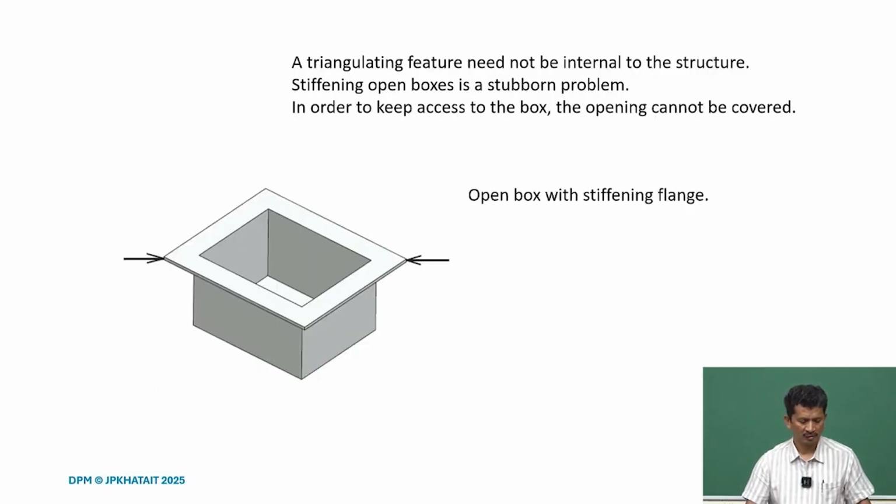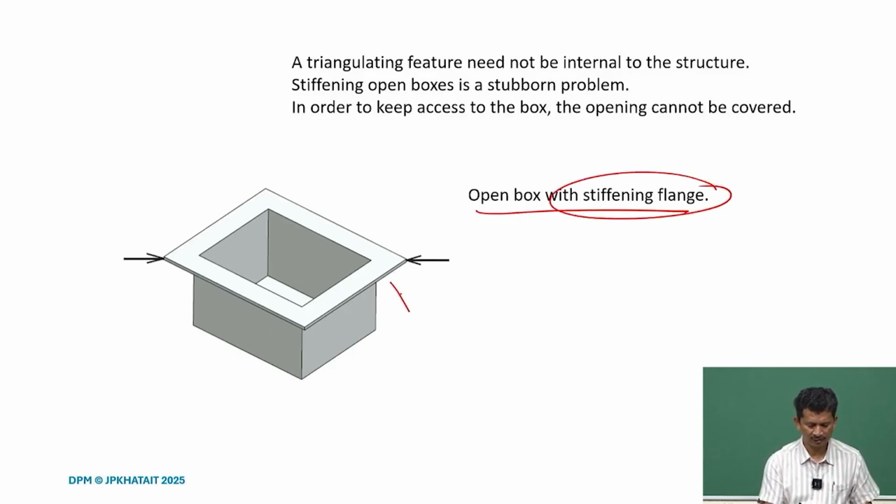Again, there are some box designs, and many times we need the opening, and at the same time we also want to have a stiffer structure. If it is a closed box, it is definitely stiffer, but the opening is important, and that is why one way is to add a stiffening flange like this, and this will provide the required stiffness, the triangulation required, and we will get a stiff box with the opening.